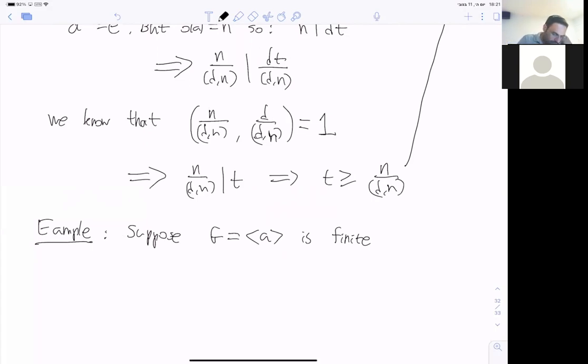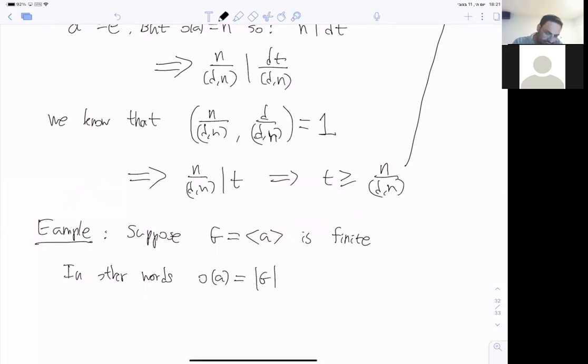Okay, in other words, what is the order of A? It's the order of G, because A spans all the elements of G.